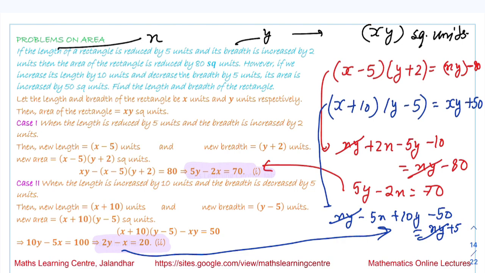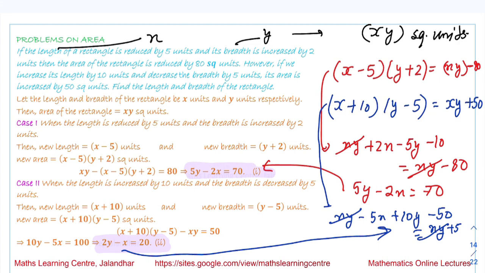On the next slide we have shown how we can solve these two equations. We multiply equation 2 by 2 and subtract it from equation 1, we get y is equal to 30, and on substituting this value of y in 1, we get x is equal to 40. So the final answer is that the length is 40 units and the breadth is 30 units.